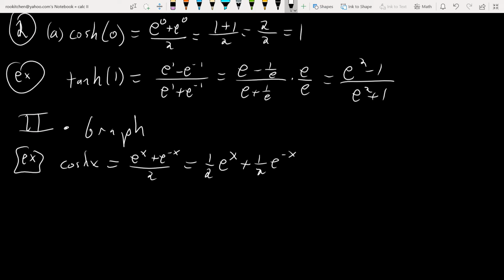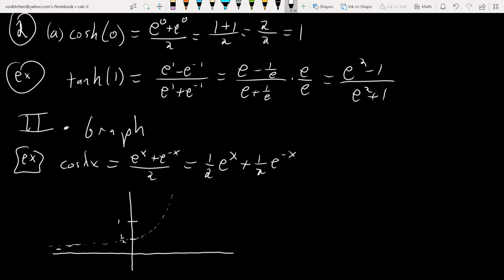We should know how to graph these two functions from pre-calculus. So 1/2 e to the x is going to go through 1/2. Let's put 1/2 here and 1 here. It's an exponential growth function, so it's going to go up like that.